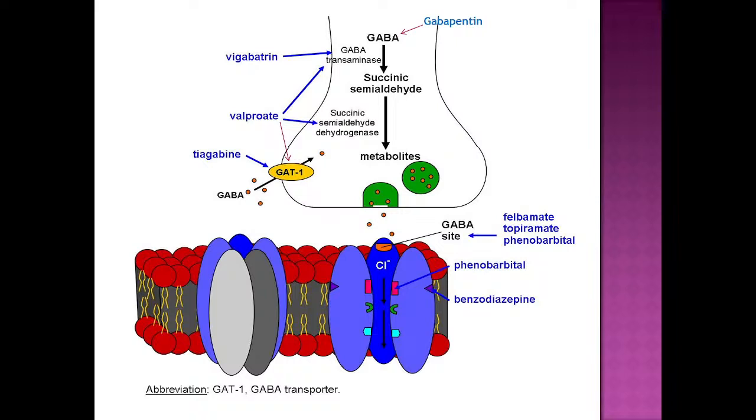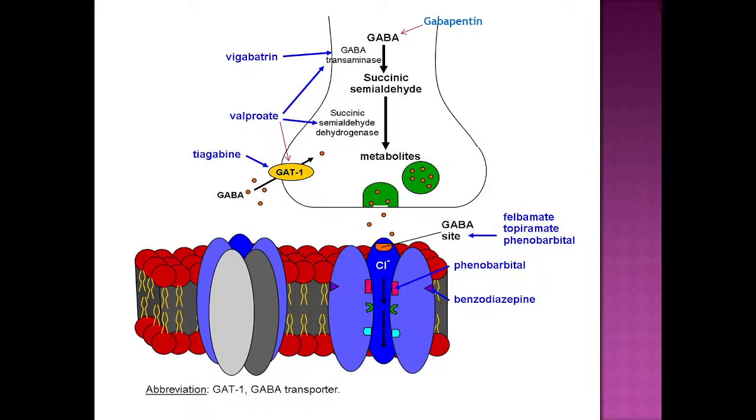Now, another major mechanism is through increasing GABA transmission, or increasing the activity of GABA. Have a look at it. What is this? In the lipid bilayer, which receptor is this? In the last class we discussed this in so much detail.